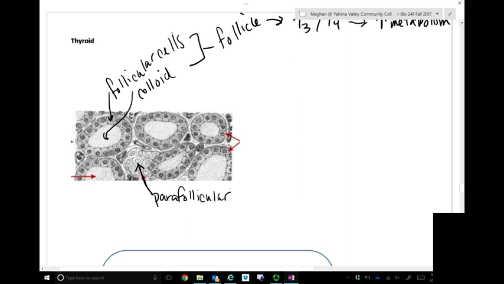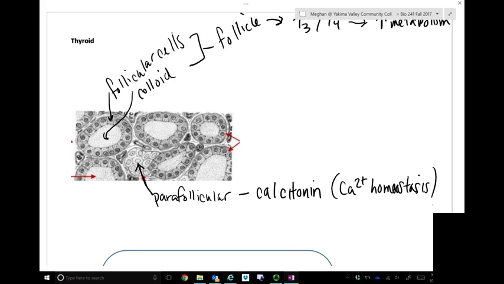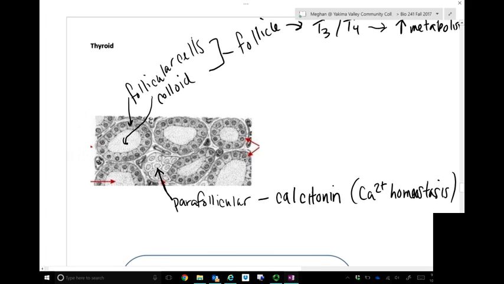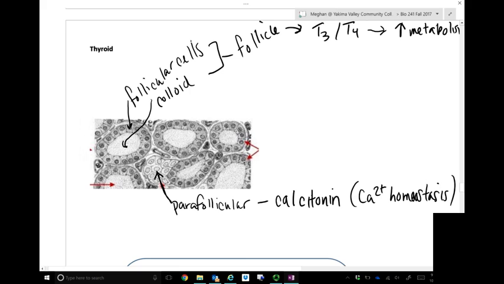Parafollicular cells also secrete hormones, where the hormone they're responsible for is calcitonin, which deals with calcium homeostasis. We will get to calcium homeostasis, just not quite yet.